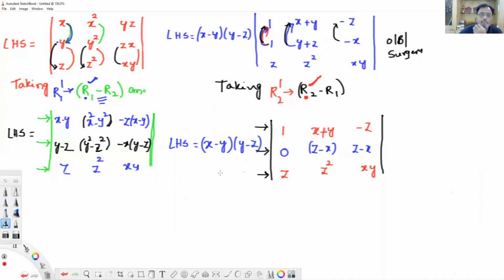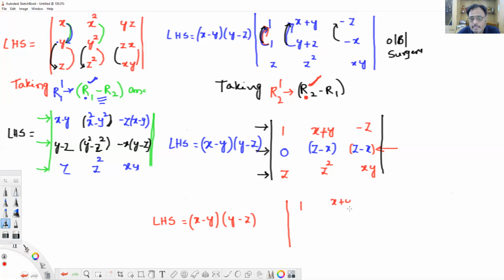Now what happened in the second row? Look here. In the second row, z minus x is common. We take it out. Look here: LHS is equal to x minus y, y minus z. I'm going to give the space here. Now in the first row, no common factor.